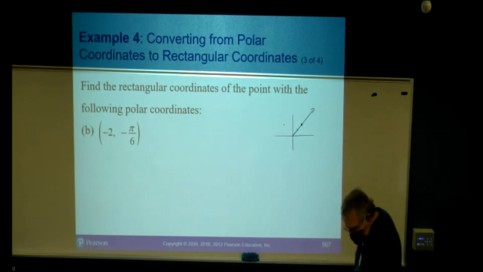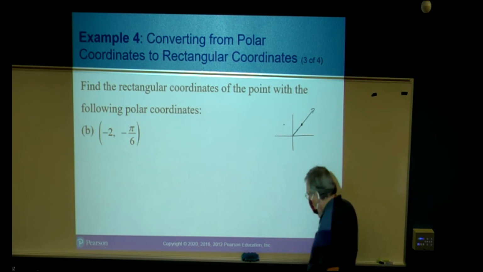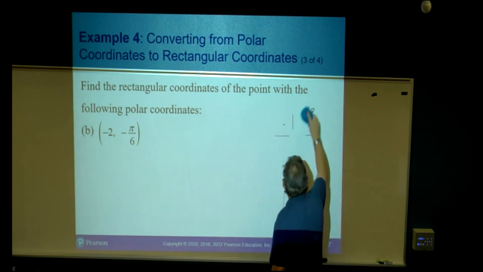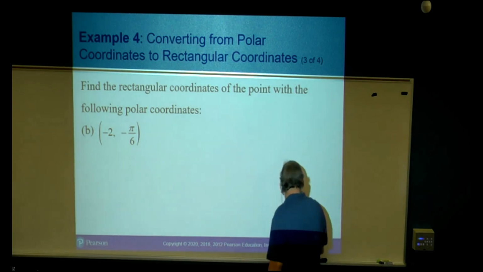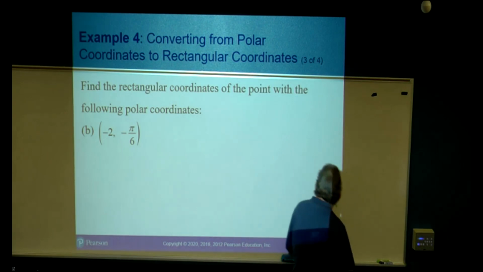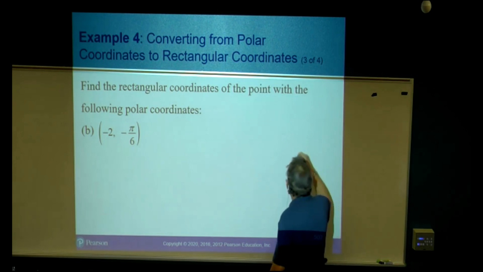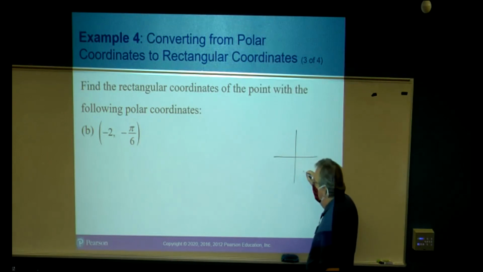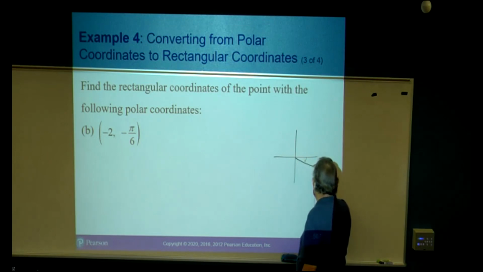All right. So I'm going to look at a circle with radius 2. So I always go back to drawing this. And then a negative pi over 6 is going this direction from the polar axis. And so this would be a negative pi over 6.